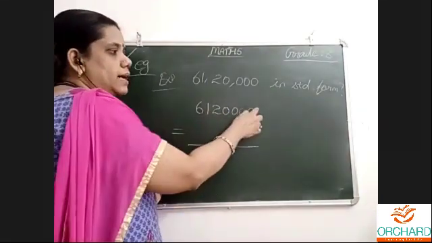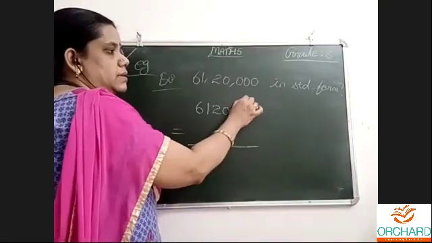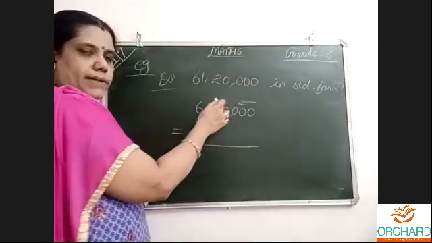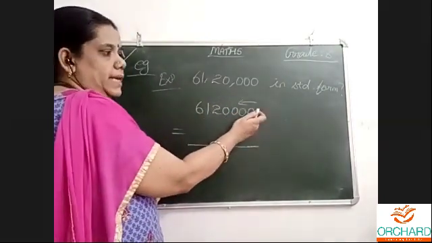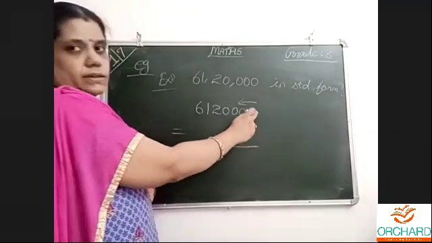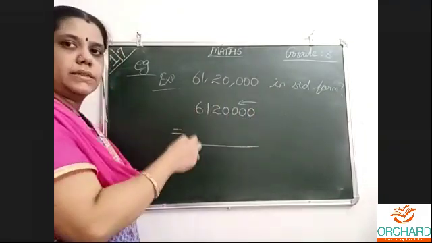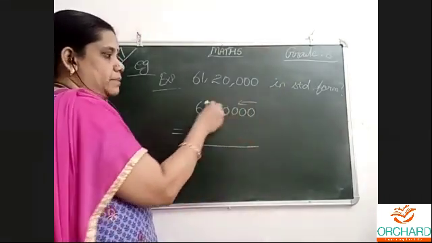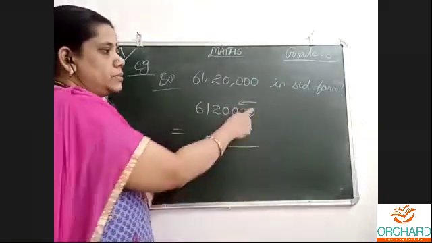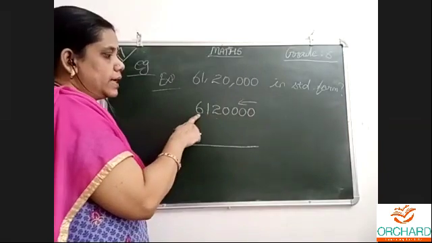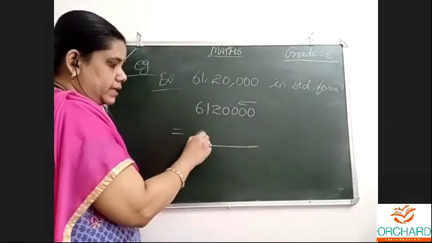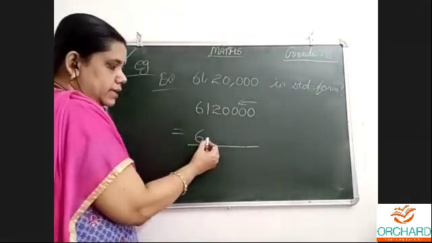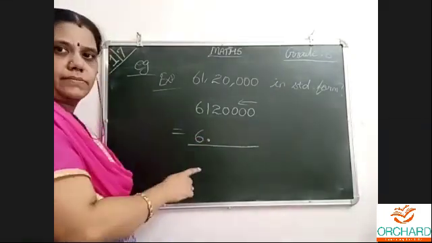Coming from the last place, we are traveling and bringing the point, like I'm bringing my chalk piece here. We need to bring the point. How? One digit, one integer should be left, and here the point must sit.